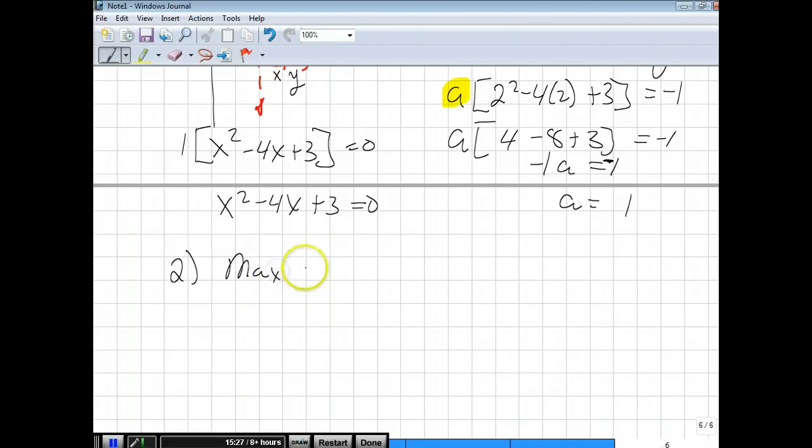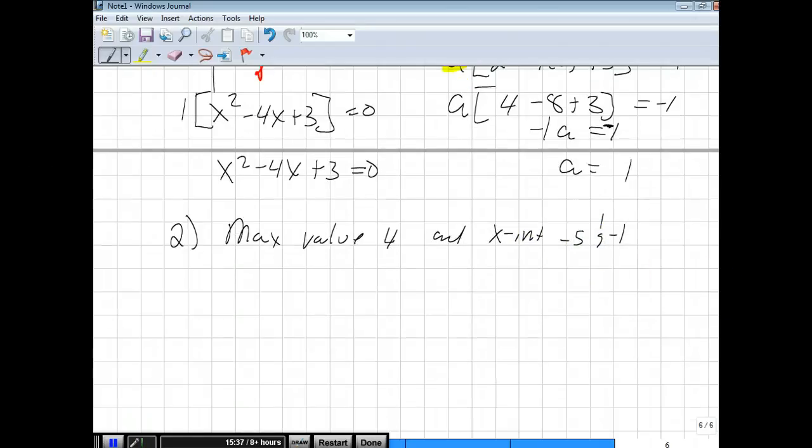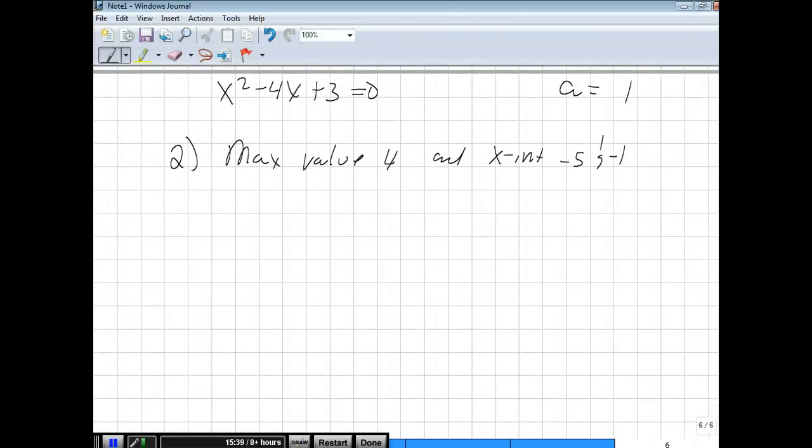All right, so let's look at one more. We have a max value of 4 and x-intercepts of -5 and -1. So again, the first thing I do, and remember again, these are roots. So first of all, I graph it because when I can see it, I understand it better.